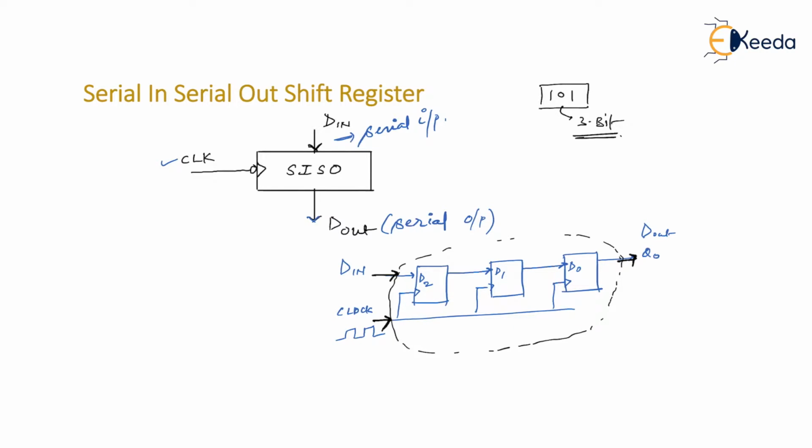Assume that the outputs of these flip-flops are Q2, Q1, Q0. Please don't forget, even though there are 3 outputs, to take the final output we have only one arrangement, that is Q0. Q0 is the only pin which will give you the final output.